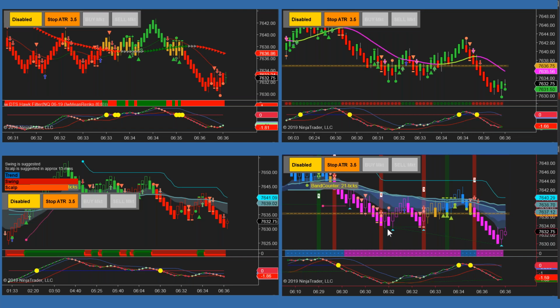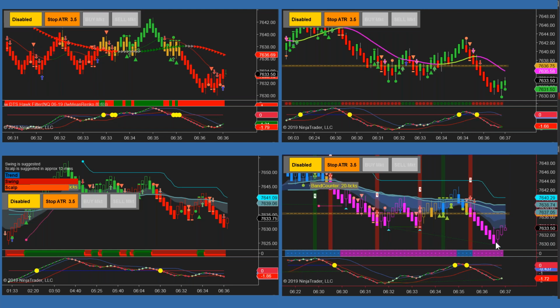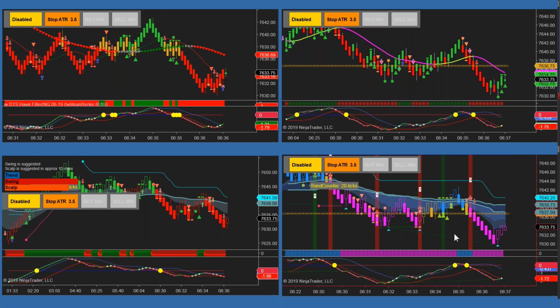Interestingly enough, we have another little divergence here on the Bollinger Suite as well as here on price in the Raptor. I suppose that's to be expected with a market that is in scalp mode.